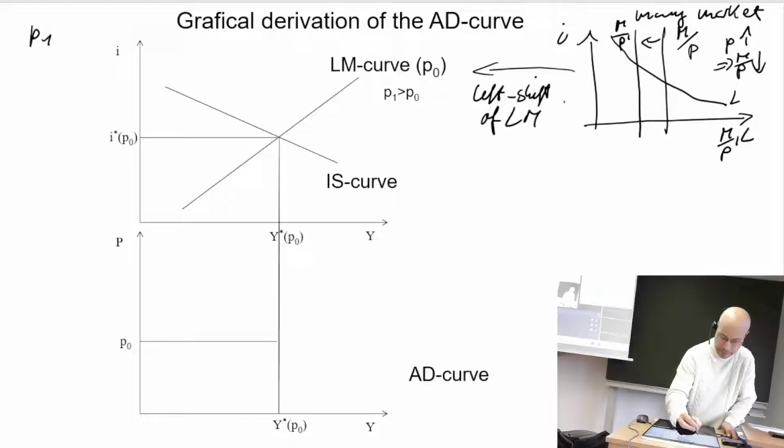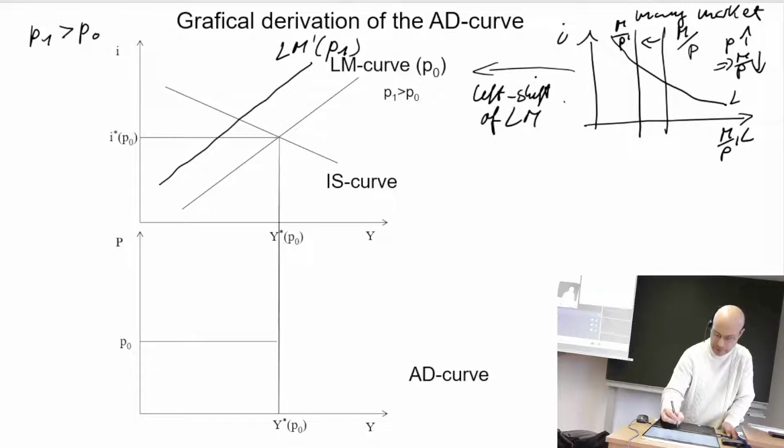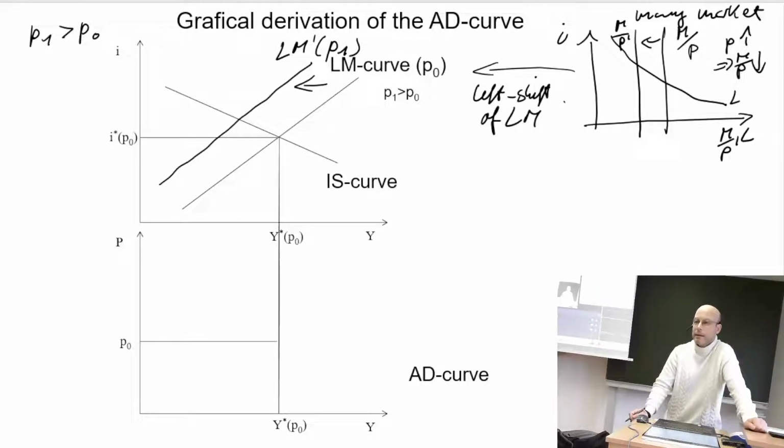So let's say P1 is larger than P0. LM of P1. Well, let's take the starting point. The starting point was that we have an equilibrium income depending on our starting price level P0.